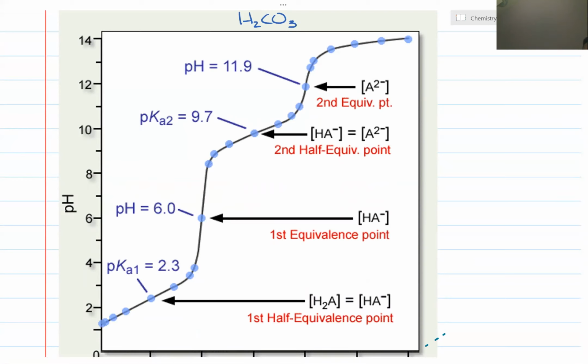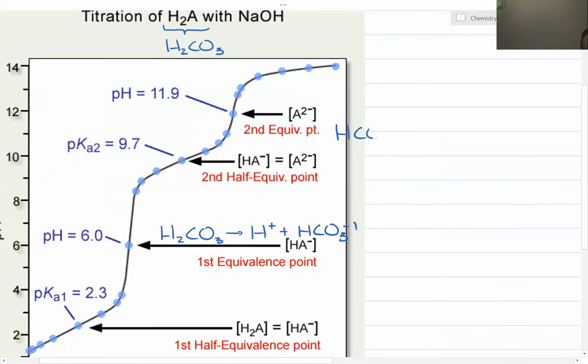One is when you're going from H2CO3 breaking apart to H plus and HCO3 minus 1. And the other one would be going from HCO3 minus 1 breaking down to CO3 minus 2 and H plus. But right now, for Chemistry 12, all you need to worry about is just 1 equivalence point, okay?